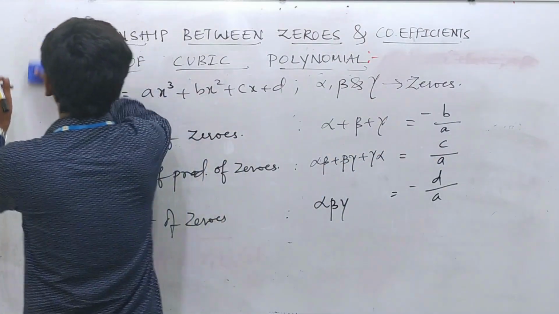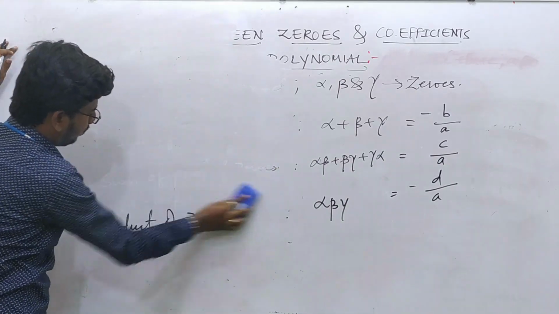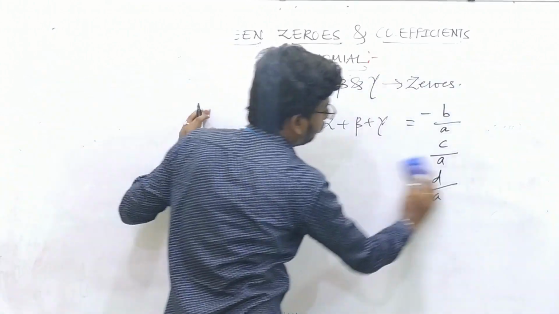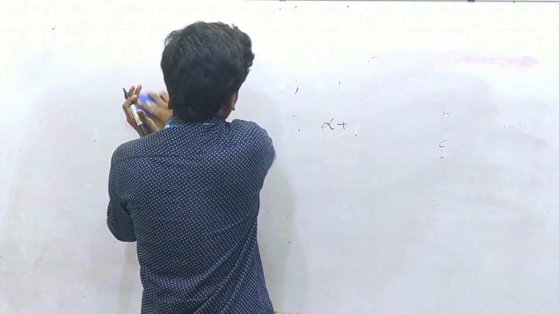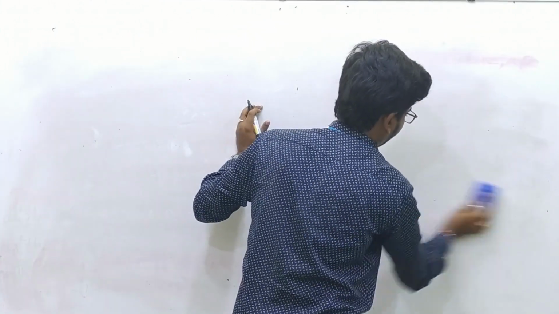Moving to the next part, here we learn finding the relationship between the zeros and coefficients and verifying the results. But how to form a quadratic polynomial and a cubic polynomial if the sum of zeros and product of zeros are given?